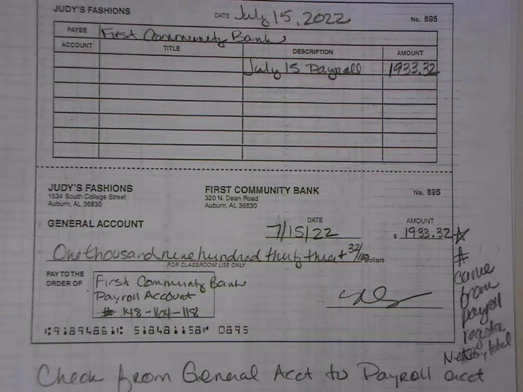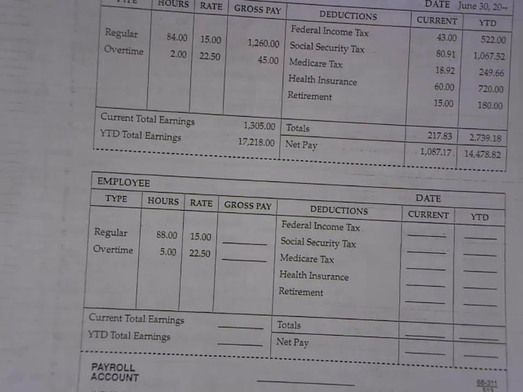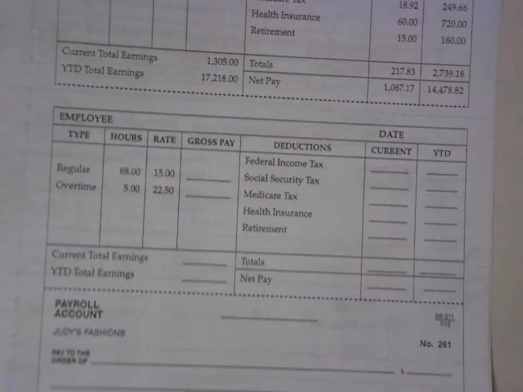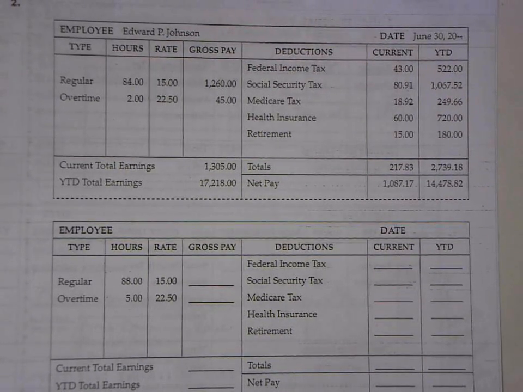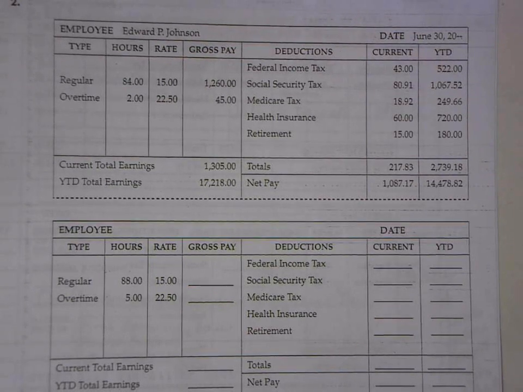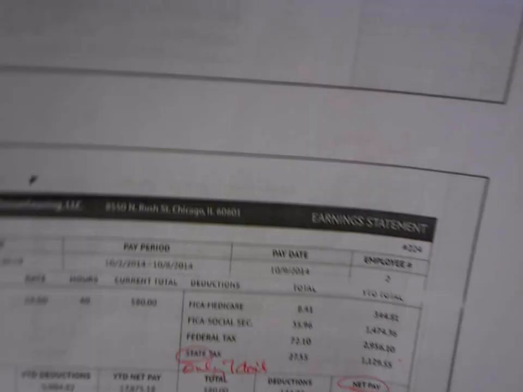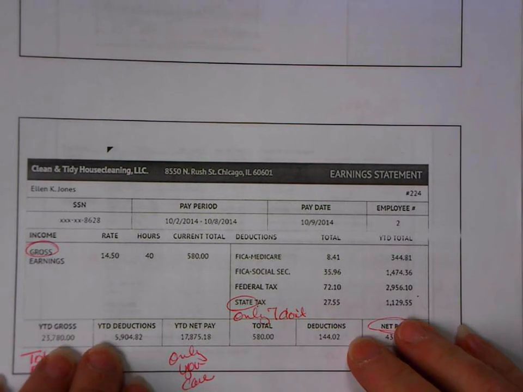Okay, so then the next page is to complete the checks to the employees. If you remember the paychecks I showed you at the very beginning, I may still have some of them right here. Well, this is an earnings statement, but it's similar.